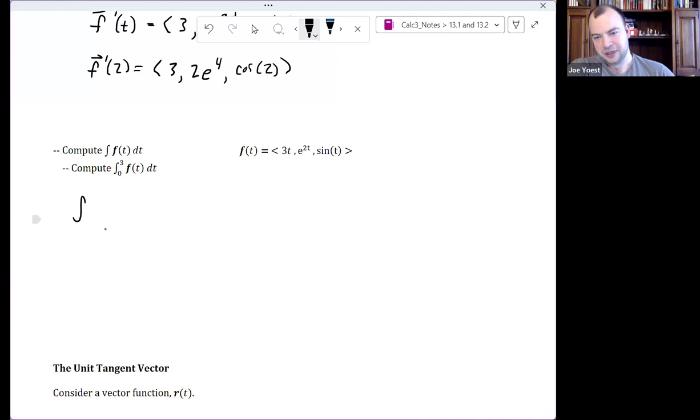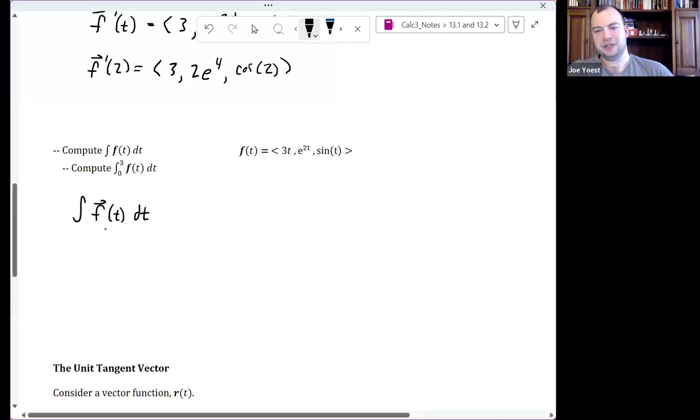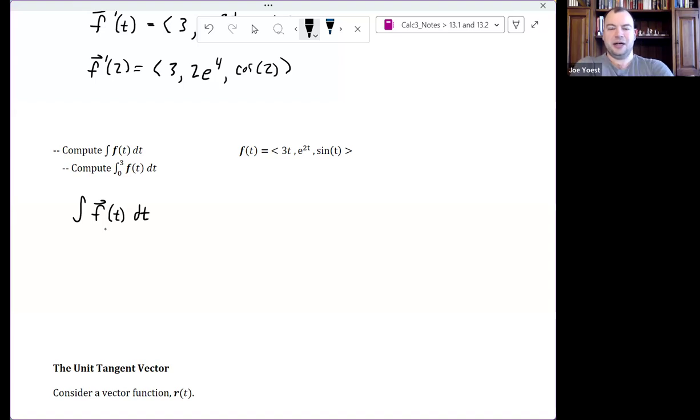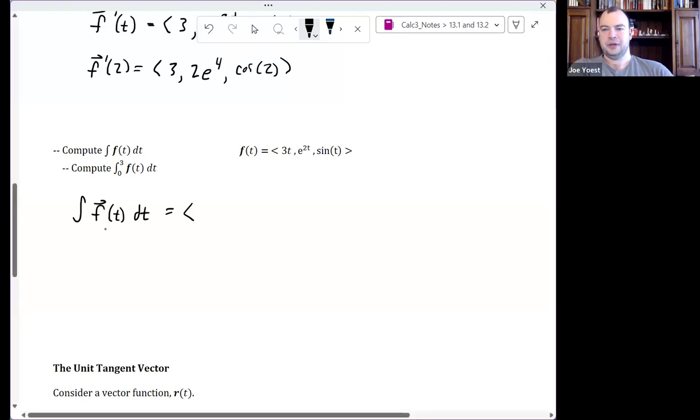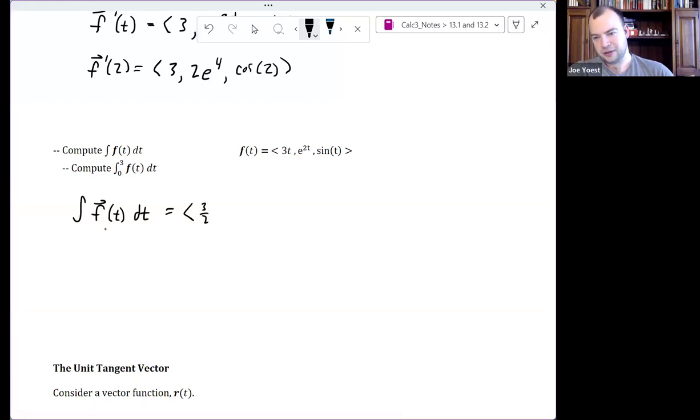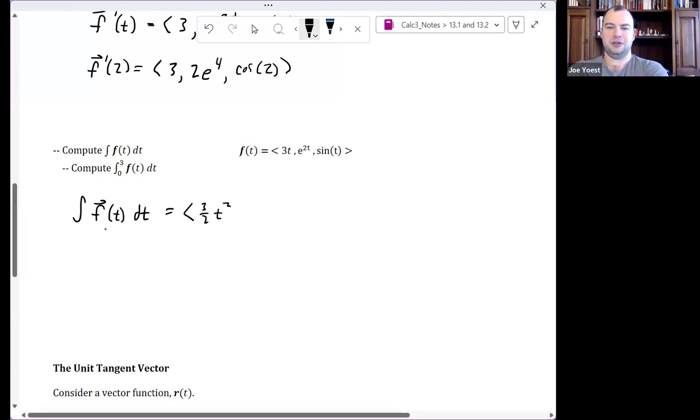So what is the integral of f of t dt? Again, we're thinking of this essentially like a Calc 1 or Calc 2 integral, but doing it 3 times. So if I integrate my first component, the integral of 3t is 3 halves t squared.